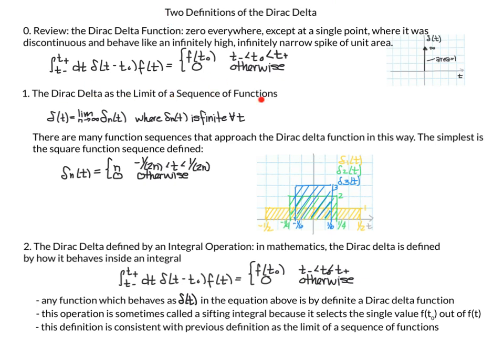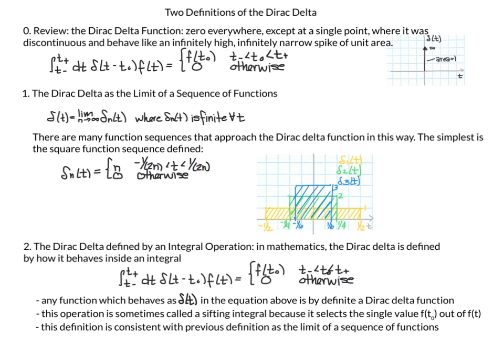The first of the 2 definitions was the Dirac delta as a limit of a sequence of functions. This definition is what helps me understand the funny definition of infinitely high, infinitely narrow, with the area equal to 1. We looked at a sequence of square functions, and we defined our delta of n as equal to n for t between minus 1 over 2n and 1 over 2n, and 0 otherwise.